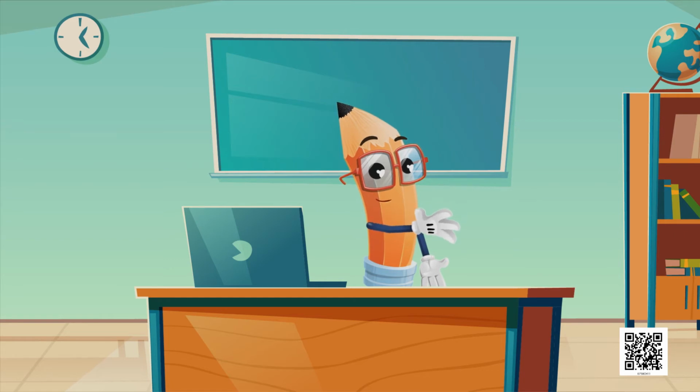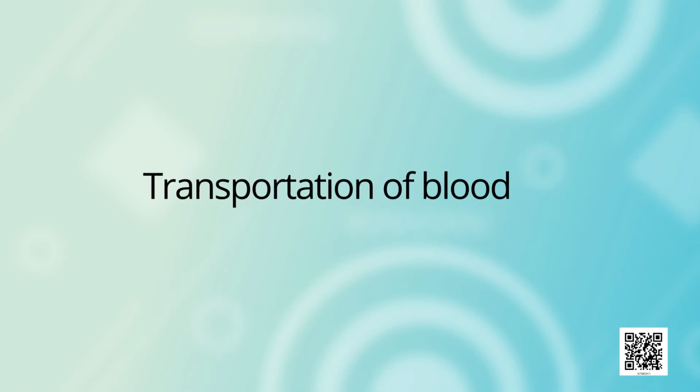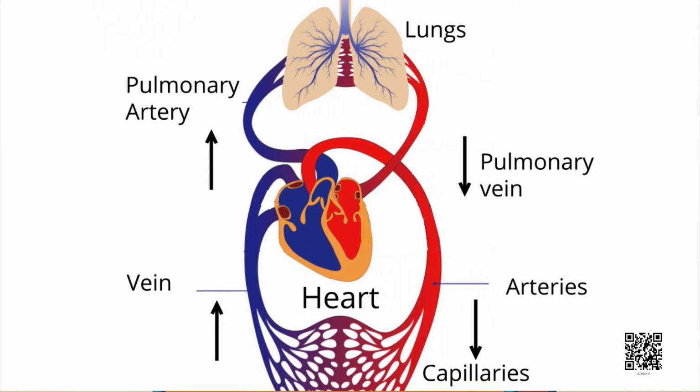Dear students, now let us have a look at how blood is transported in our body. Transportation of blood. Capillaries from all the body parts bring the carbon dioxide rich blood into veins, and small veins bring that blood into the main vein called vena cava.